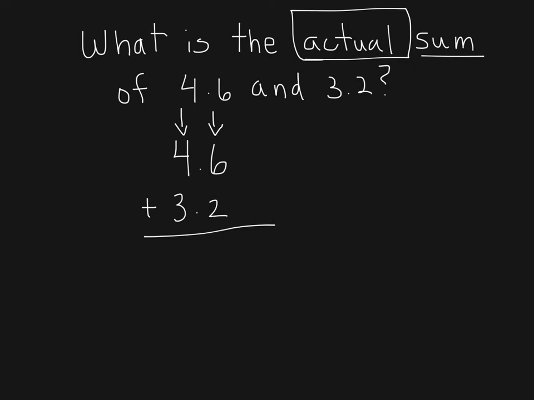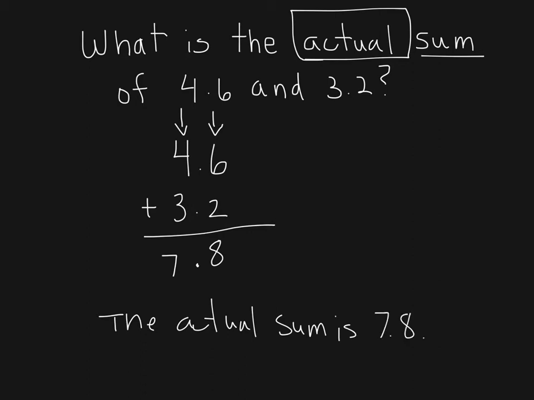Tenths on top of tenths, ones on top of ones. So 6/10 plus 2/10 will be 8/10. 4 plus 3 will be 7. So the actual sum is 7 and 8/10.